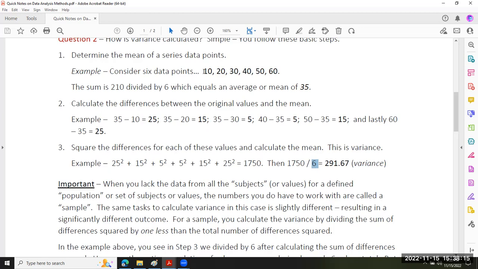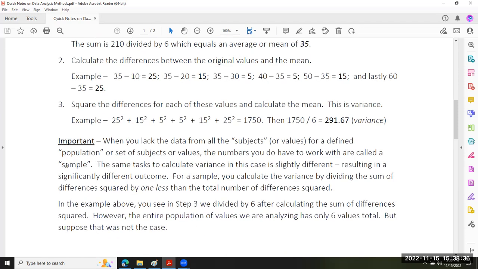So you calculated the average, then you subtracted the average from each individual value. That gave you a difference. Then you squared the differences. Then you added the squares of differences. Then you divide by 6.